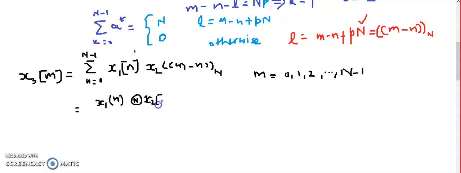Circular convolution means that if in the n domain two signals are convolving circularly, then their DFTs will be multiplying together.